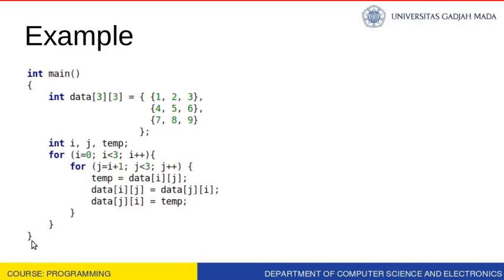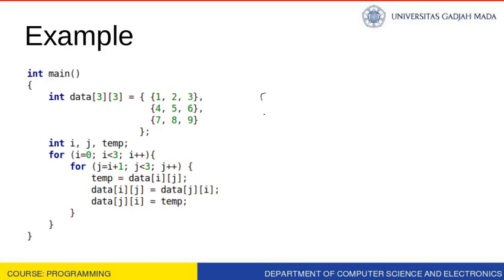And then the next example is an example of how to represent a matrix with two-dimensional arrays, and then we will do the transpose of this array.